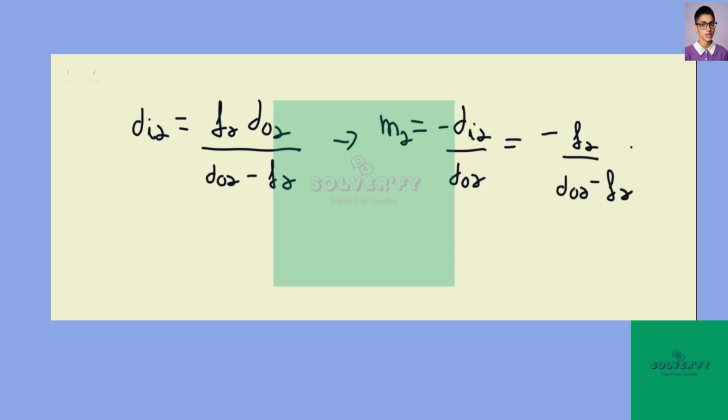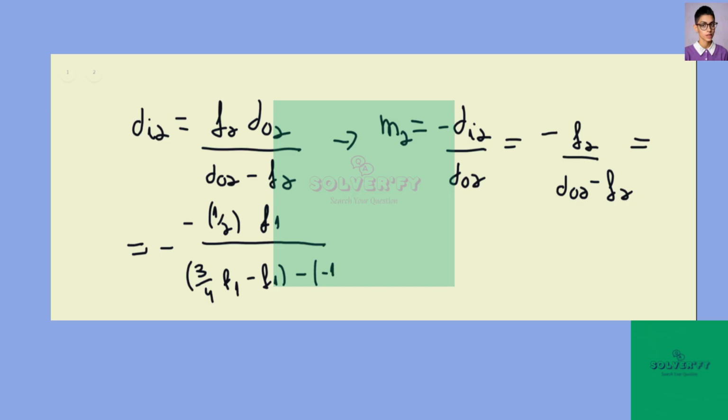But now the values are different, so this is minus a half of f1 divided by 3/2 of f1 minus f1, which is minus a half of f1.